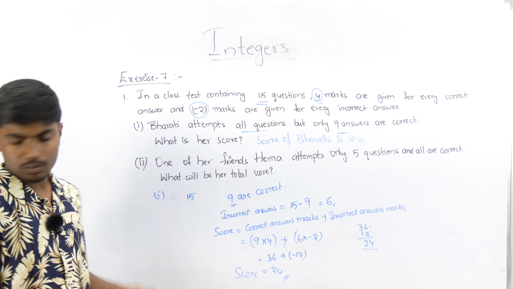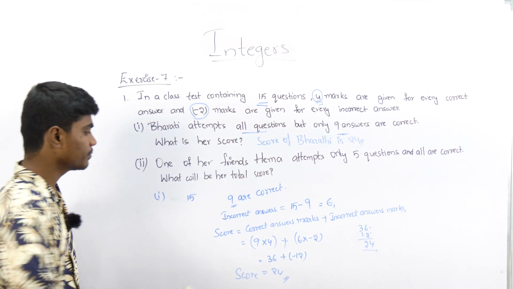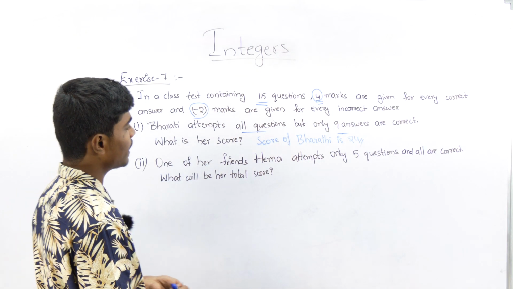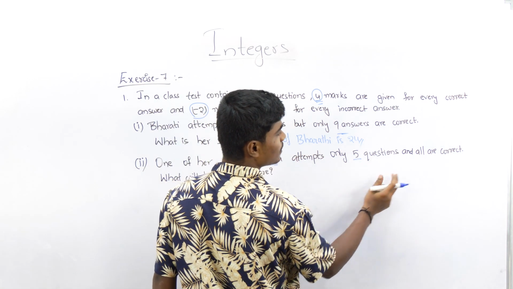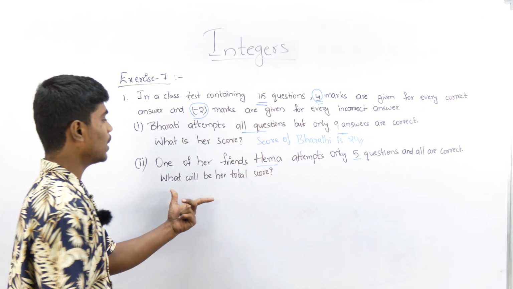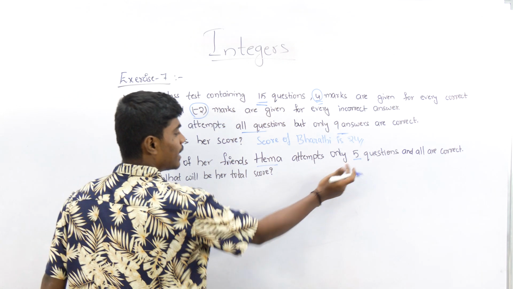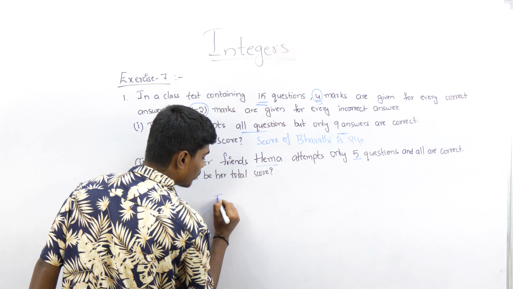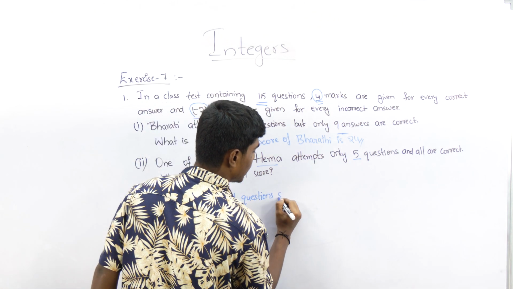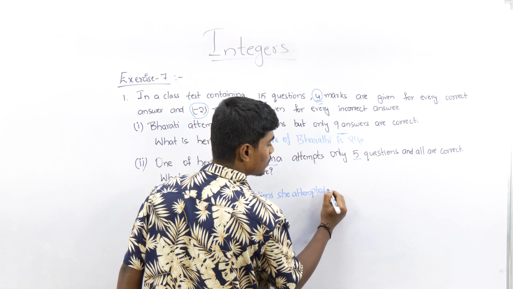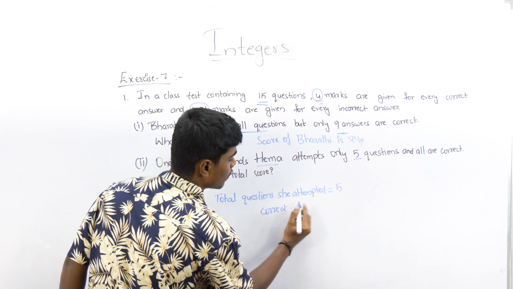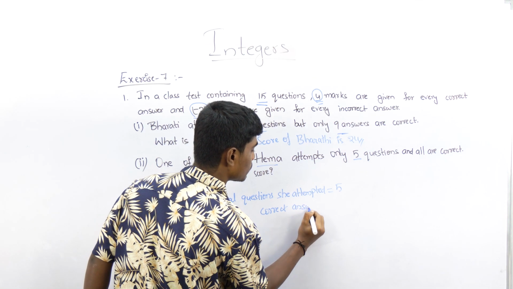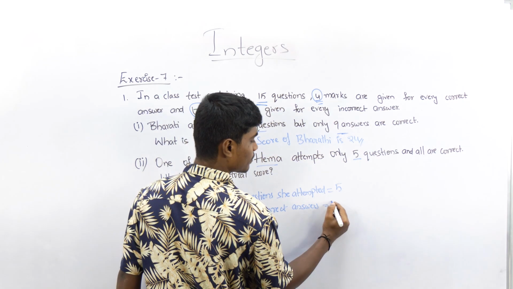Okay. Now second one. One of our friends, Hema, attempts only 5 questions and all are correct. What will be her score? See, total questions she attempted is equal to 5. How many correct answers? 5.